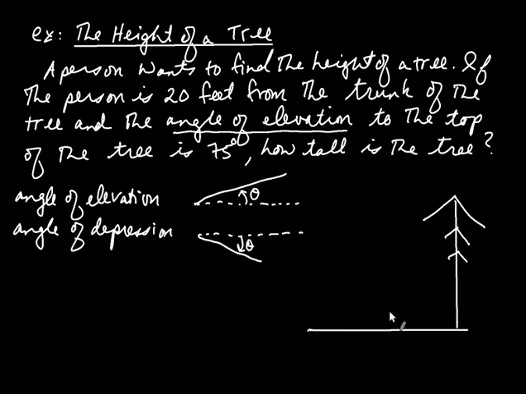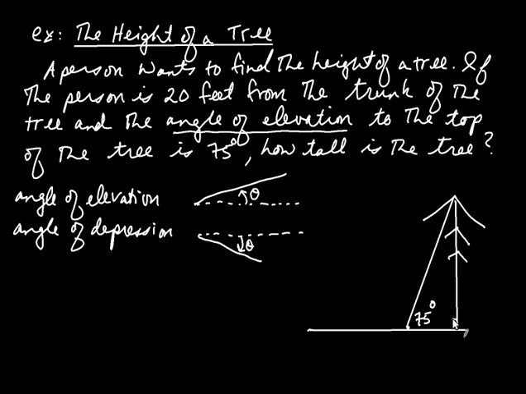Maybe we're right here, 20 feet from the trunk of the tree, and we're looking up at the tree, and it's the angle of elevation, right? It's 75 degrees. So this would be the horizontal, and we're looking up. So let's draw in the angle of elevation to the top of the tree, way up there. That angle, we're told, is 75 degrees, the angle of elevation.